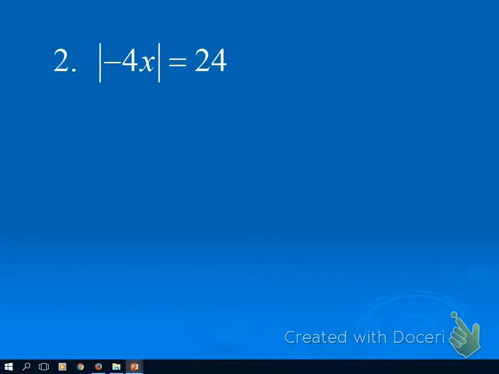Okay? So, if I've got the absolute value of -4x equals 24, right? Well, 24 is the distance, right? So without even considering what's inside of here, that absolute value bar means that I'm going to drive to the right and to the left of the number line from 0 and travel a distance of 24.